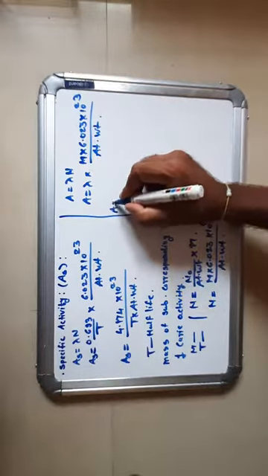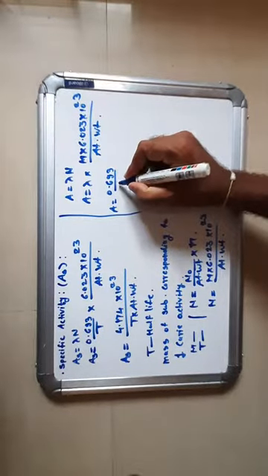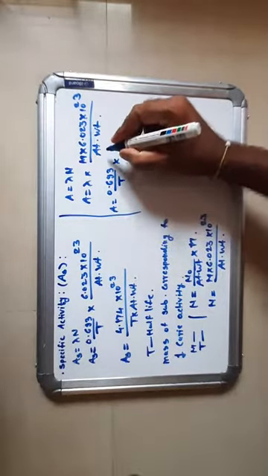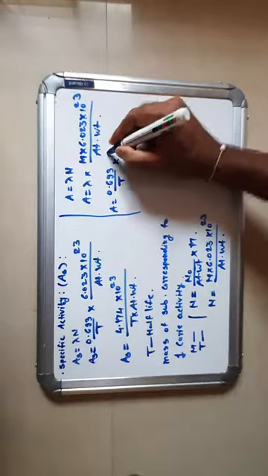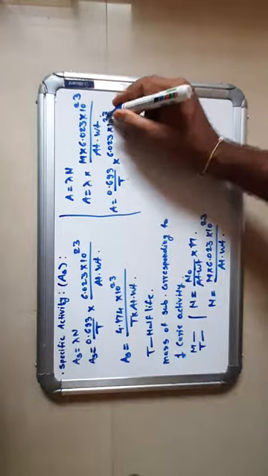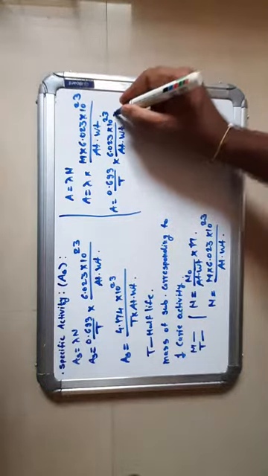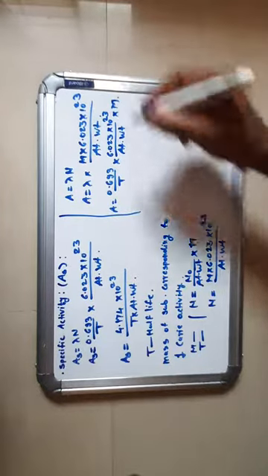Then substitute the value of lambda, 0.693 divided by T into M, here 6.023 into 10 raised to 23 divided by atomic weight into capital M, right?